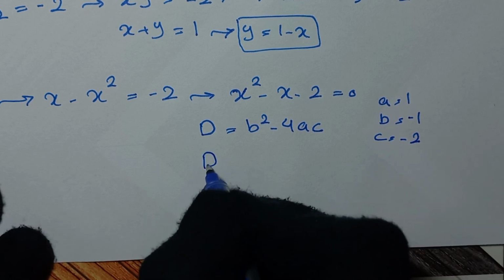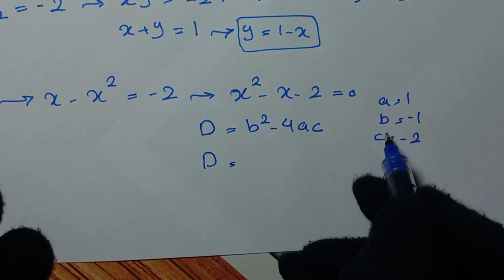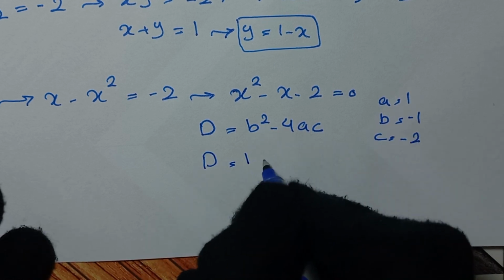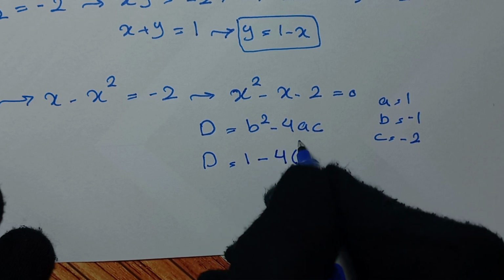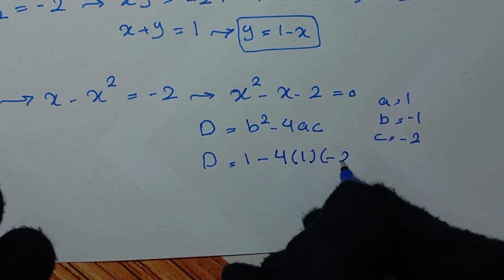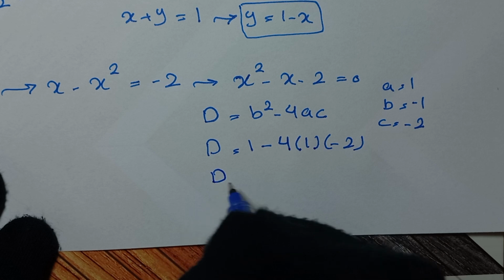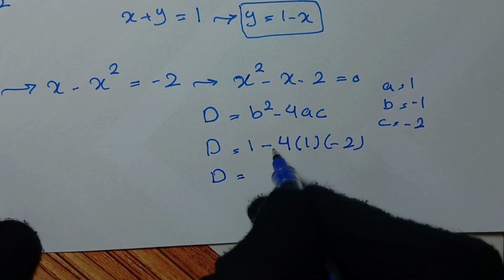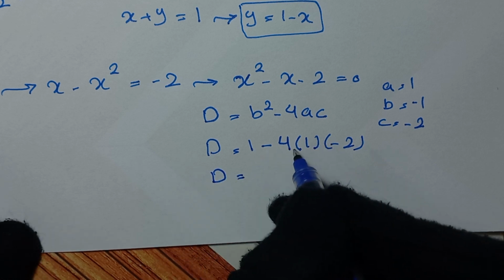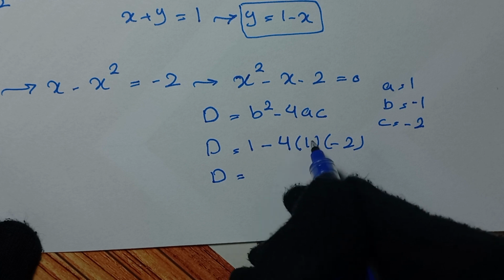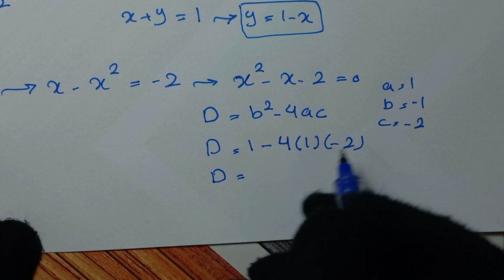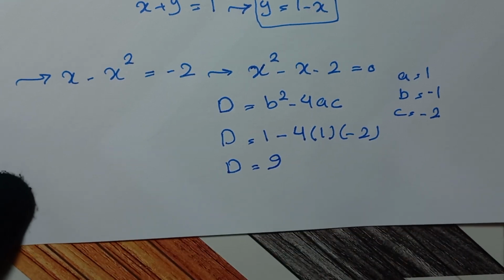So discriminant is equal to b squared, negative 1 squared is 1, minus 4 times a is 1, times c is negative 2. And in here, discriminant is equal to 1 minus, negative times negative will be positive, so 4 times 1 times 2 will be 8, and 1 plus 8 is 9.